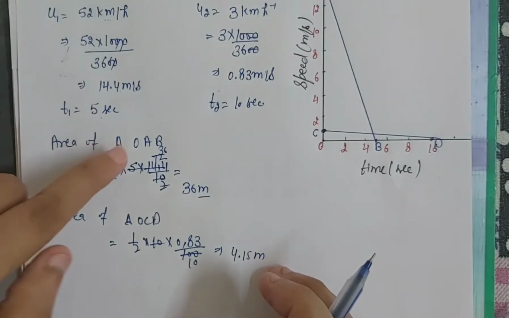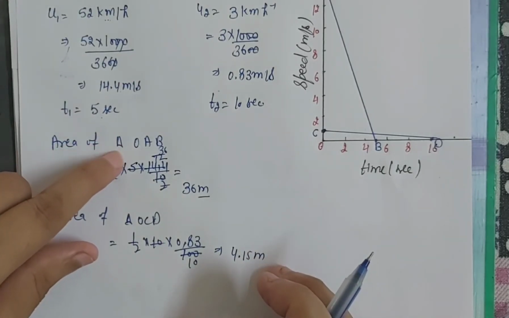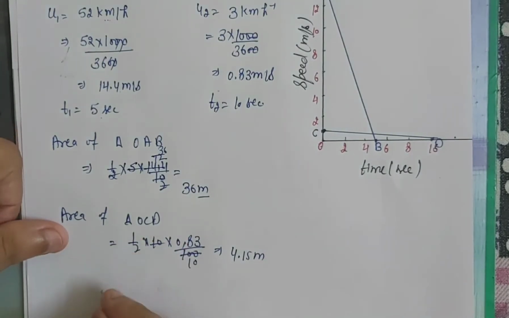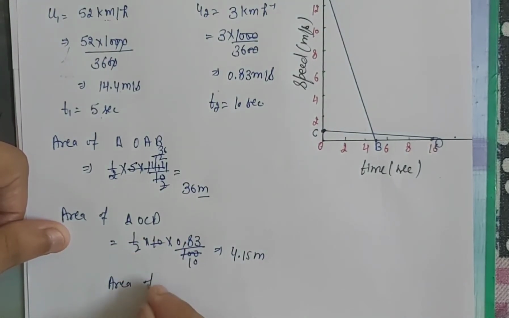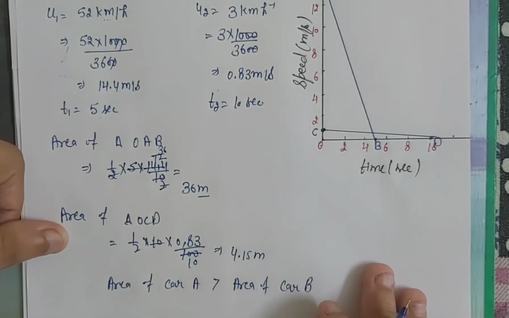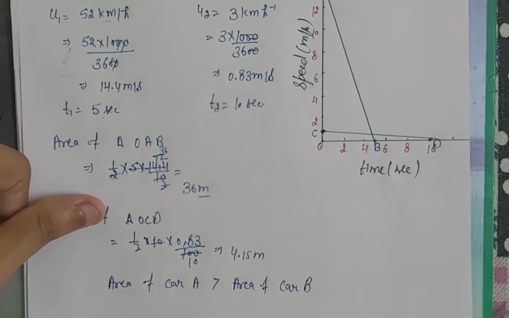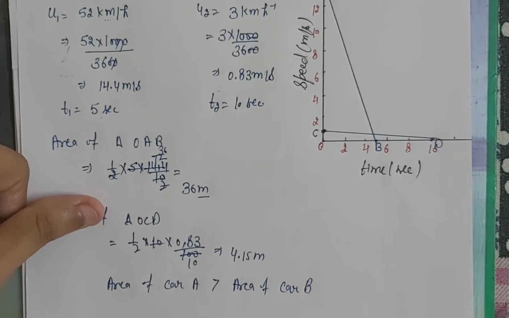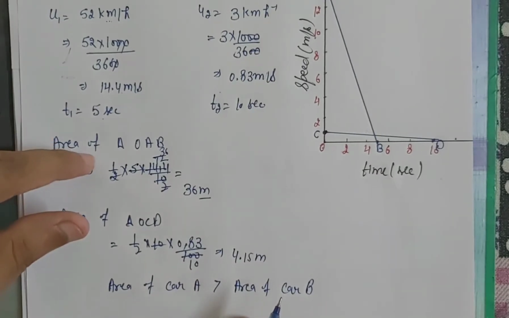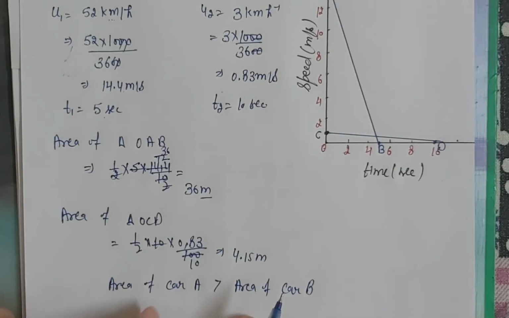As we know, the area of car A is greater than car B. So the area of car A is greater than the area of car B. So we can say that the car traveling with a speed of 52 travels farther after applying the brake. So car A travels farther.